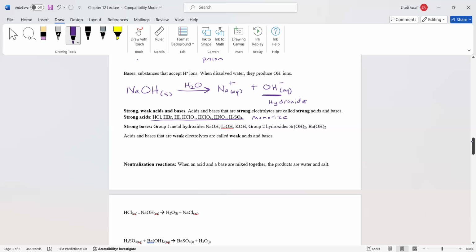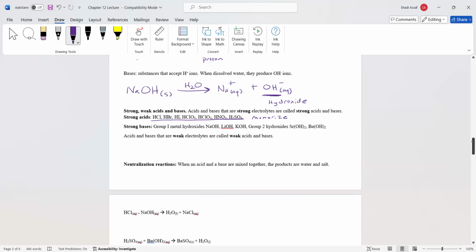So you have hydrogen chloride, hydrogen bromide, hydrogen iodide, chloric acid, perchloric acid, nitric acid, and sulfuric acid. Strong bases are sodium hydroxide, lithium hydroxide, potassium hydroxide, and group 2 hydroxides, which are strontium hydroxide and barium hydroxide.